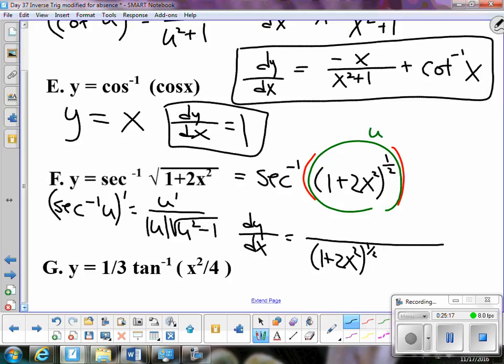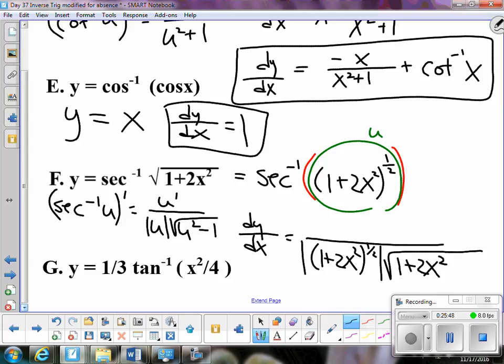So it's the absolute value of that, absolute value of u, times the square root of u squared minus 1, times the square root. If you square something to the half, it's just to the first. Or if you square a square root, okay, one undoes the other. So if you square 1 plus 2x squared all raised to the half, you just get 1 plus 2x squared. That's our u squared.